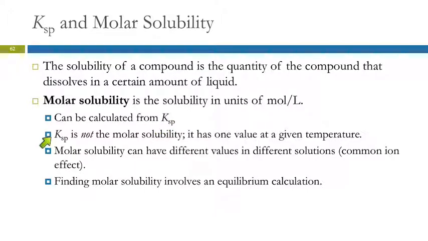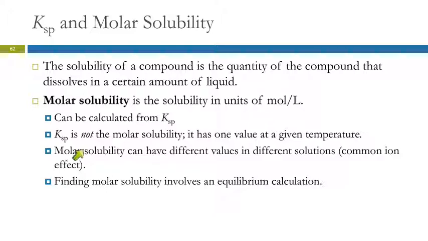It's important to note that KSP is not the molar solubility. Molar solubility is how many moles dissolve per liter. KSP is an equilibrium constant. It has a single value at a given temperature, but at a different temperature, it will have a different value.